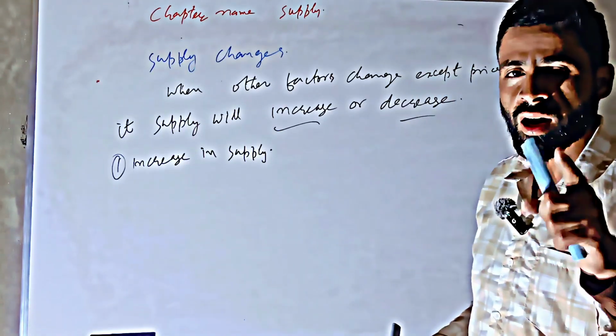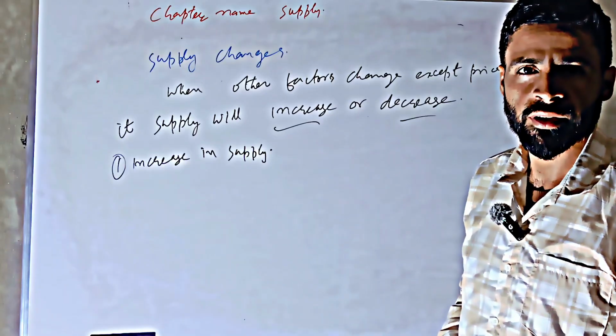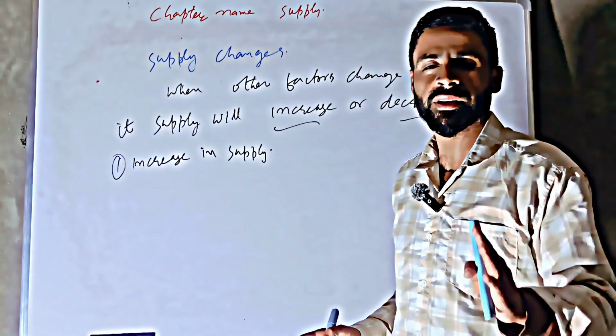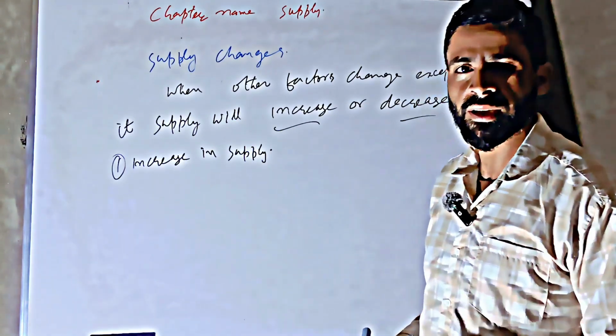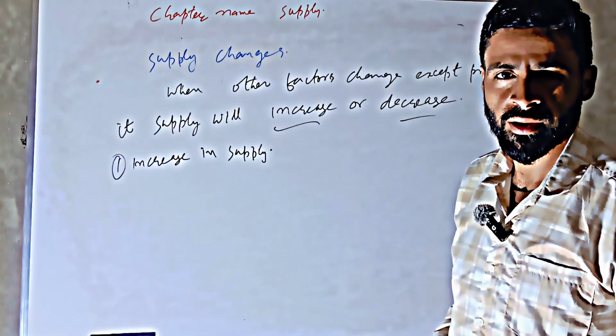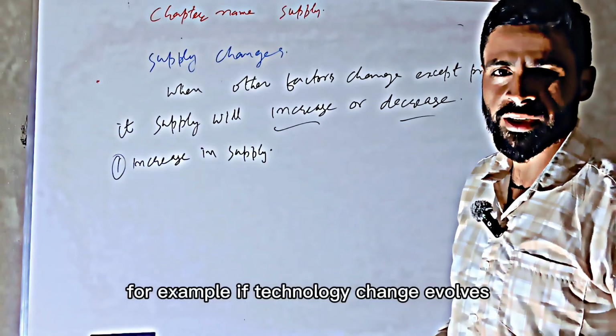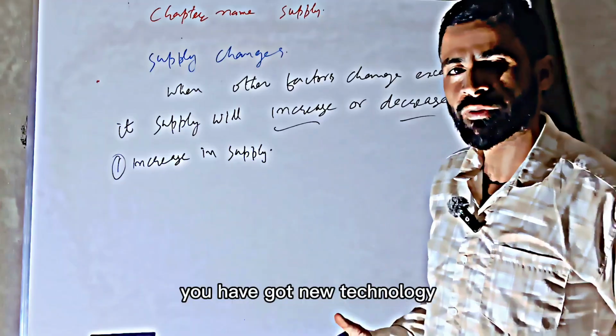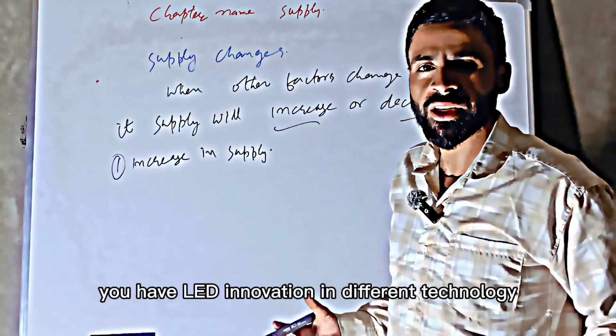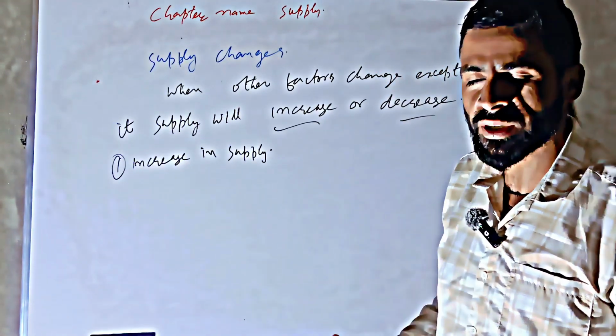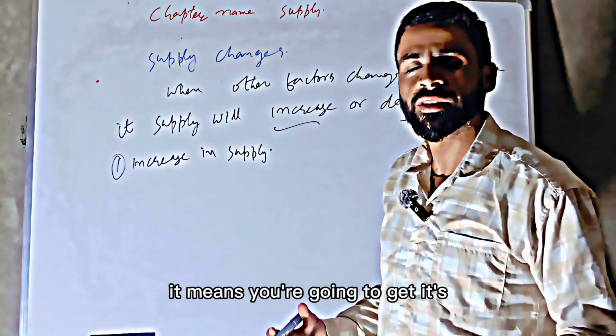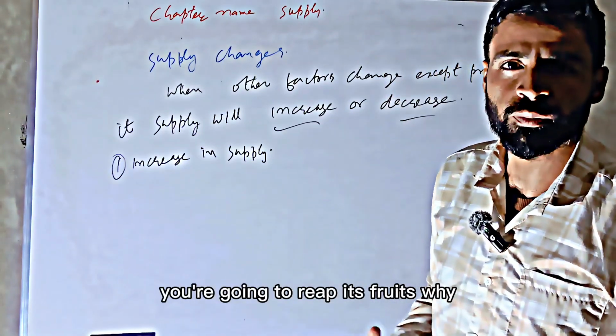this is the cost of input. It means here price doesn't matter. यहाँ पर price matter नहीं करती है, यहाँ पर other factors करती हैं. For example, if technology changes, evolves, you have got new technology, you have led innovation in different technology, it means you are going to reap its fruits.